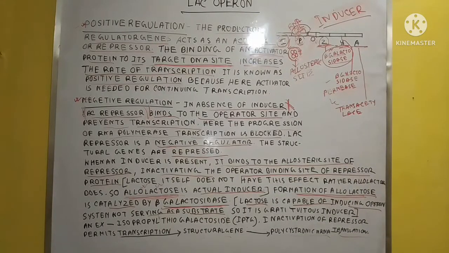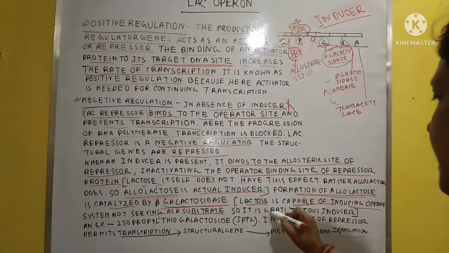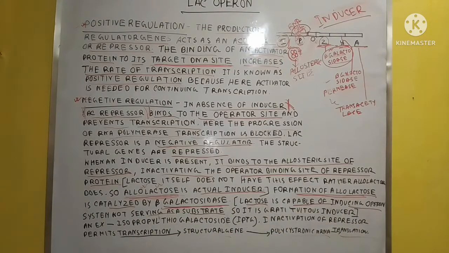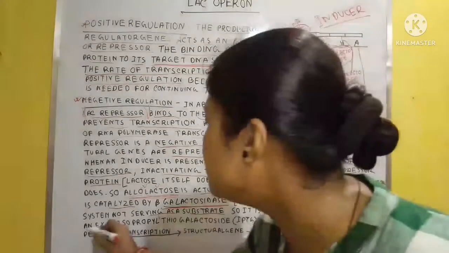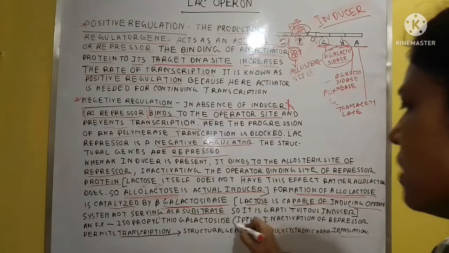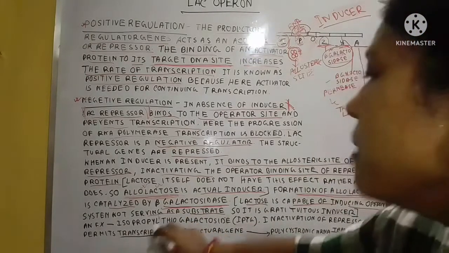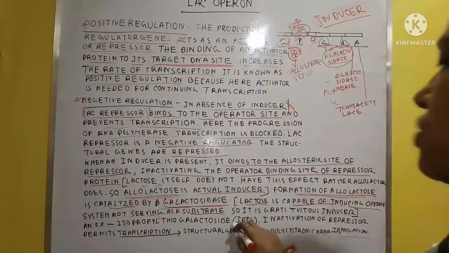Clear? And here the lactose is capable of inducing the operon system, so it is called a gratuitous inducer. One example of a gratuitous inducer is IPTG, and the full form is isopropyl thiogalactoside.